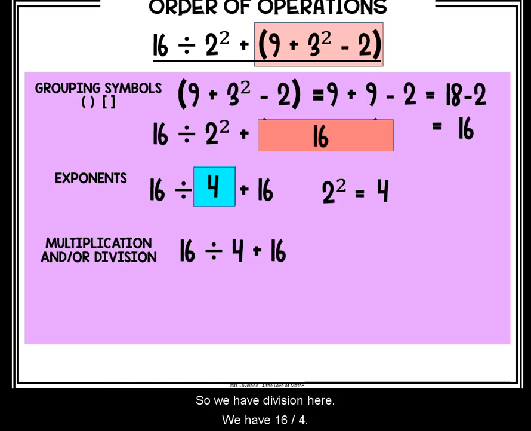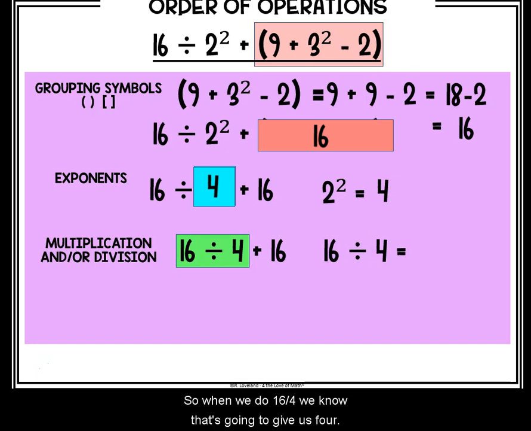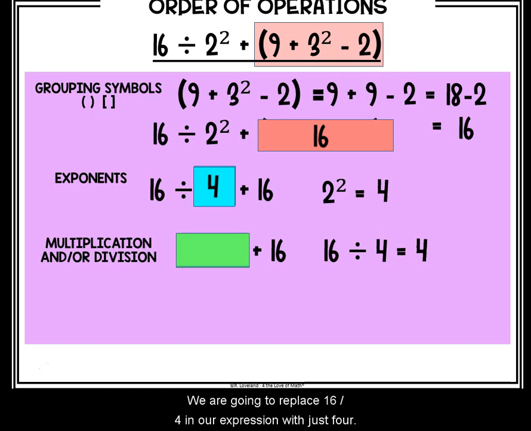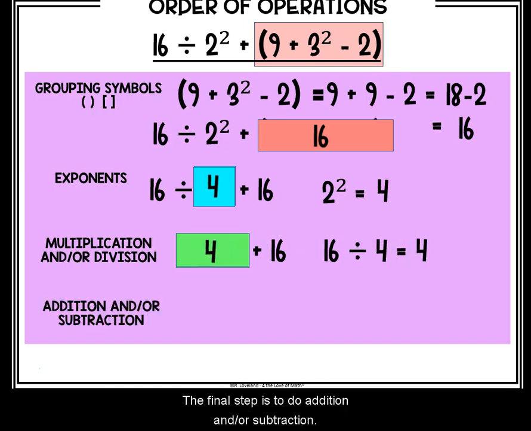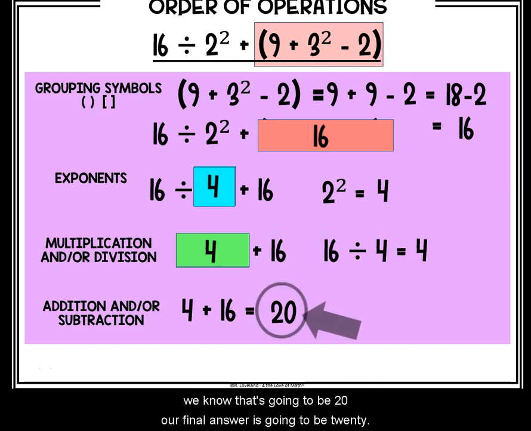We have 16 divided by 4. When we do 16 divided by 4, we know that's going to give us 4. And we're going to replace 16 divided by 4 in our expression with just 4. The final step is to do addition and or subtraction. We have 4 plus 16 there, only have addition. We know that's going to be 20. Our final answer is going to be 20.